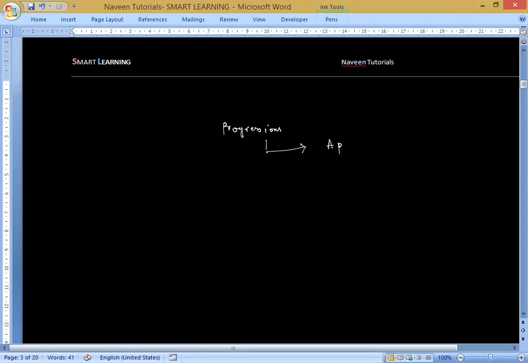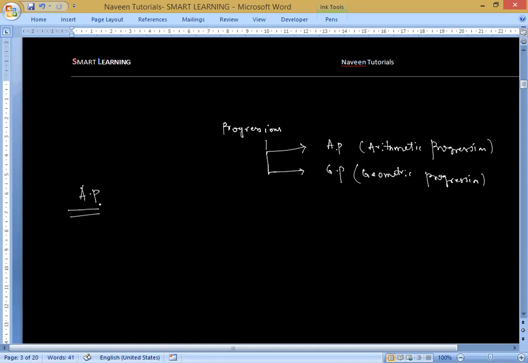One is arithmetic progression, and the second one is geometric progression. AP is arithmetic progression, and GP is geometric progression. So today we learn about what is arithmetic progression.